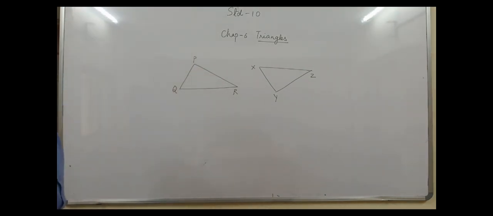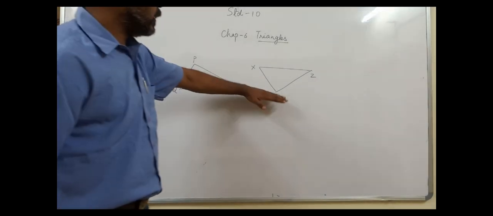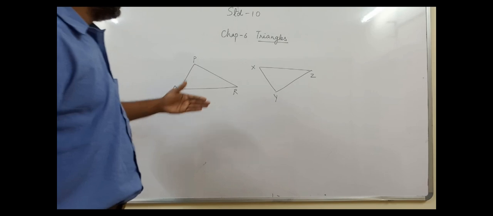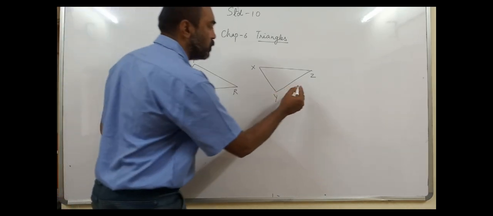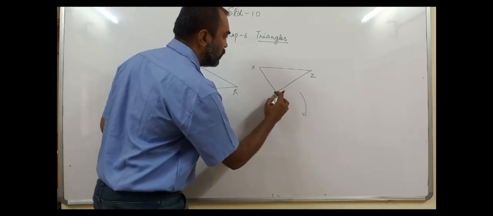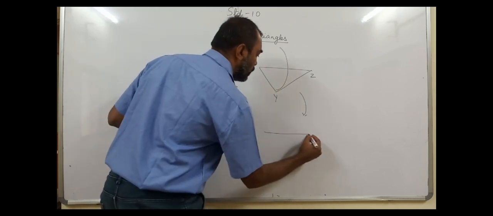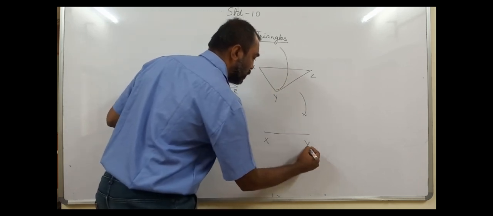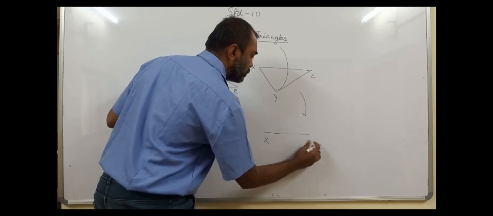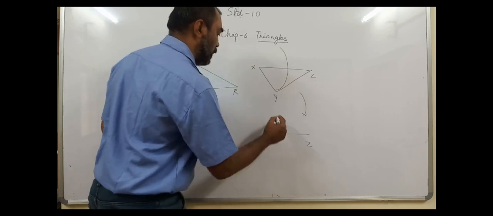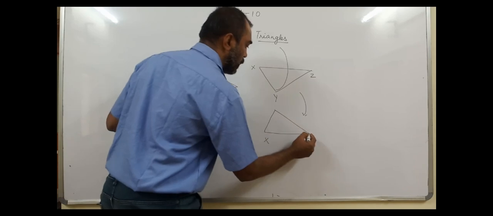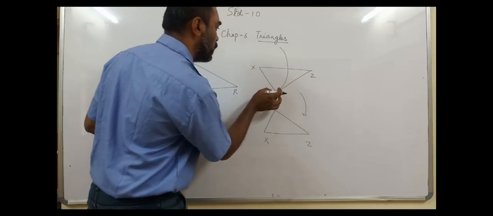If you can make a small guess, I should turn the Y upside and then bring it here. So the first transformation I do, I take the Y to the top. I will rotate the Y to the top like this. So XZ remains as it is, and I took the Y to the top.